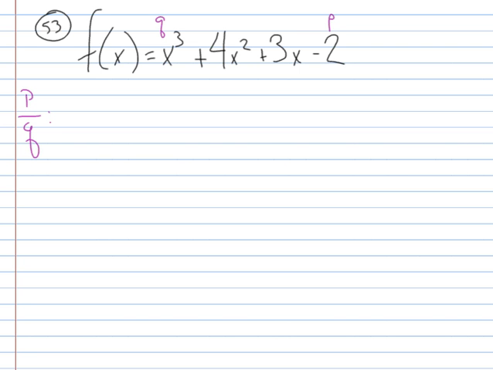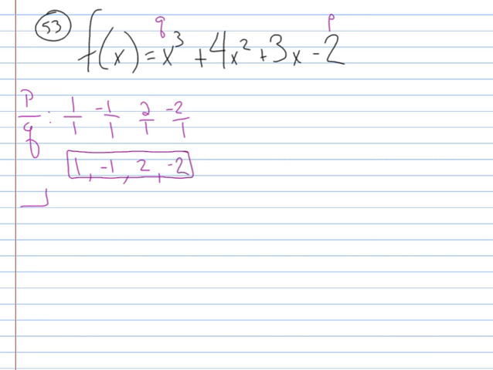The factors of 2 give me 1 over 1, negative 1 over 1, positive 2 over 1, and negative 2 over 1. So there are my possible solutions. These simplify to 1, negative 1, 2, and negative 2. I can use these to start my guessing and checking with synthetic division.